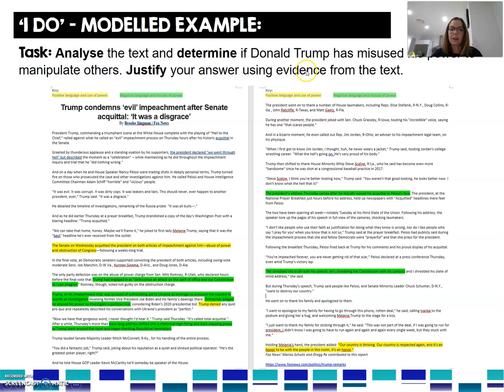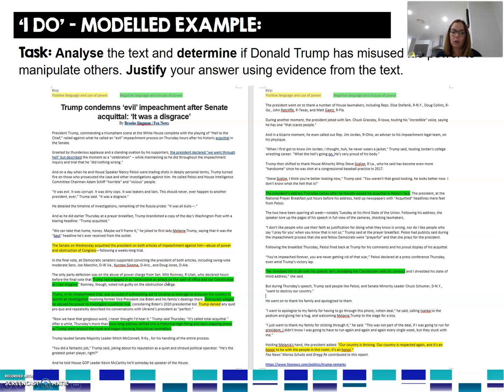So your task: analyze the text and determine if Donald Trump has misused his power to manipulate others. Justify your answer using evidence from the text. So this is the article that you've got in your student handout as a larger copy. You can see that I have read the article and I've highlighted some positive language and a use of power, and then a negative language and a misuse of power in green, so yellow and green.